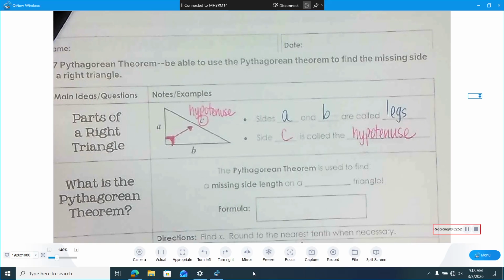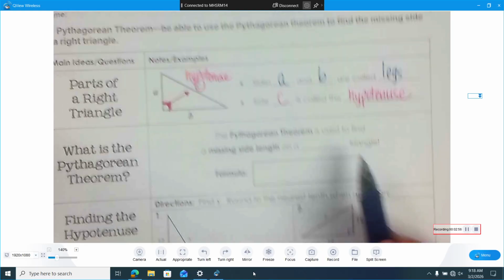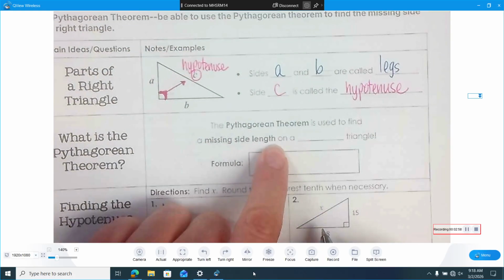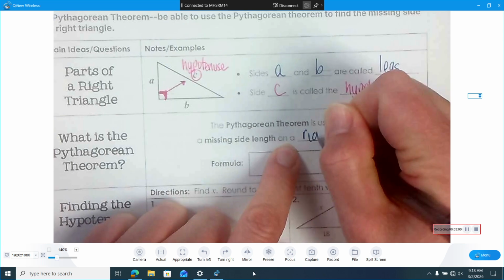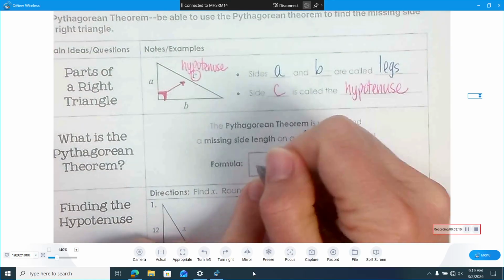So the Pythagorean Theorem is used to find the missing side length on a right triangle. Very important that this only works on a right triangle. And people give you lots of formulas, but I'm going to give you a very special formula because I think it's more important. Here's my formula.